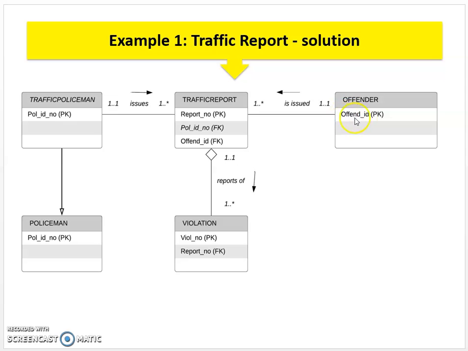Offender ID is our primary key, but one offender can be issued more than one traffic report, which gives us a one-to-many relationship. Then the arrow will always point towards the many relationship, and that means we should have a foreign key, which is a primary key in the foreign table. Hence, we have offender ID as a foreign key. This is our complete diagram for our example.